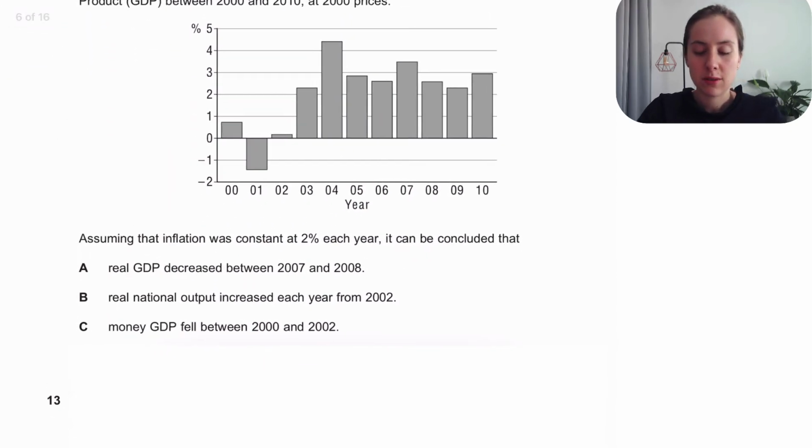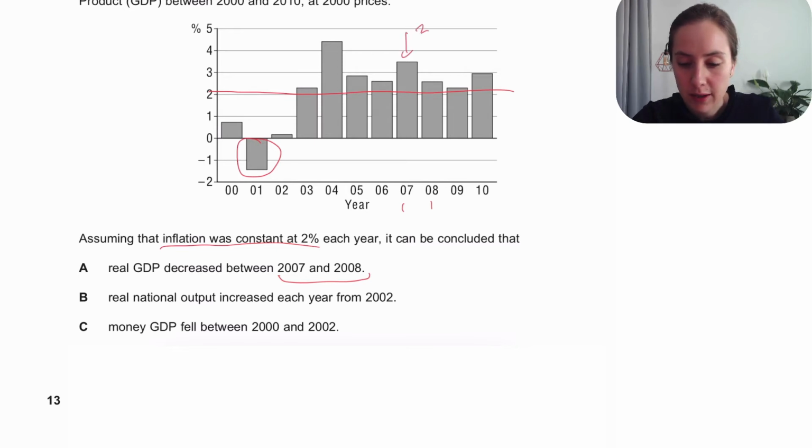GDP changing between 2000 and 2010. So we have the economy growing every single year aside from this year. Oh no, inflation was constant at 2%. I'm thinking we're going to get a real GDP calculation. Real GDP decreased between 2007 and 2008. No, because the economy is growing at 3.5% and 2.5%, which is above the rate of inflation.